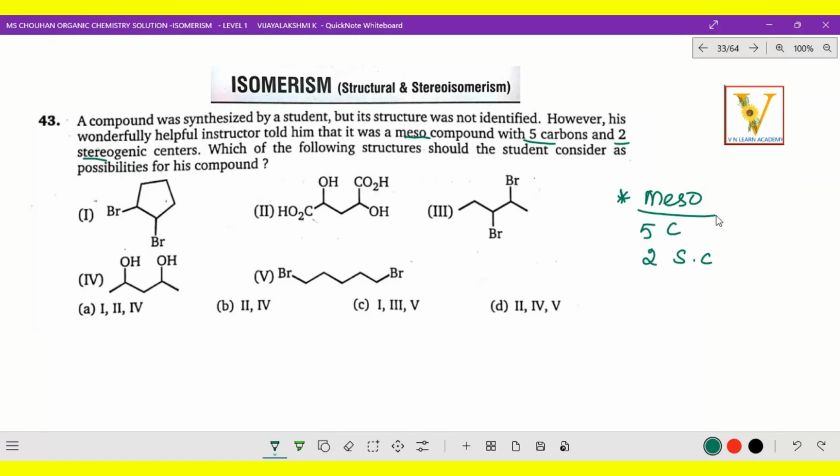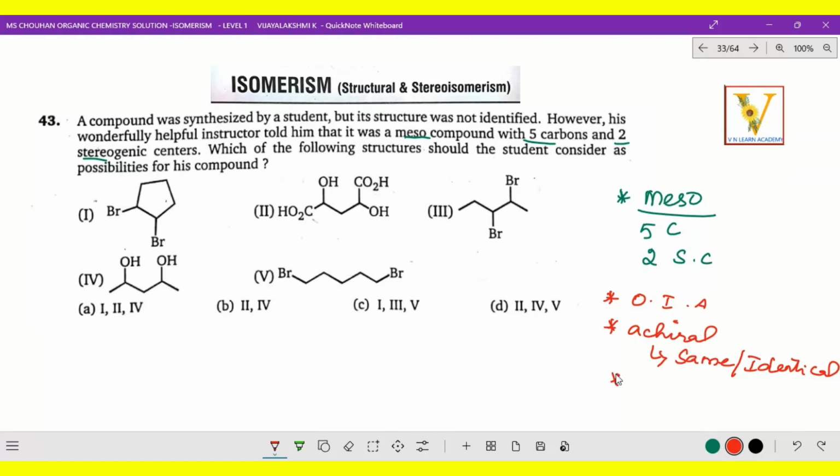First and foremost, how do we identify meso? What are the conditions for meso? Meso is optically inactive, and second, it is an achiral molecule. Achiral means identical atoms or groups are available at the same positions.